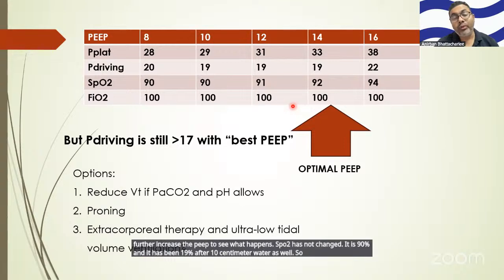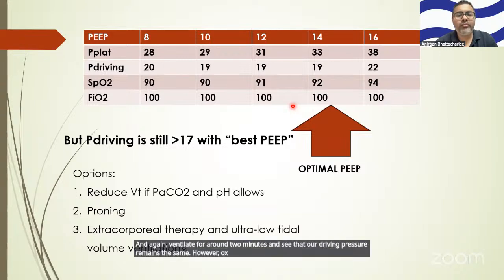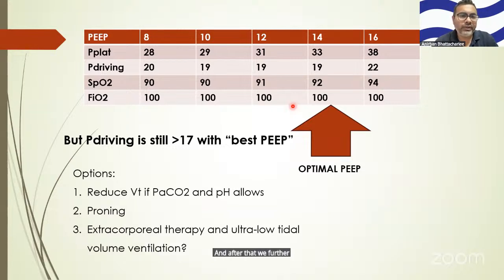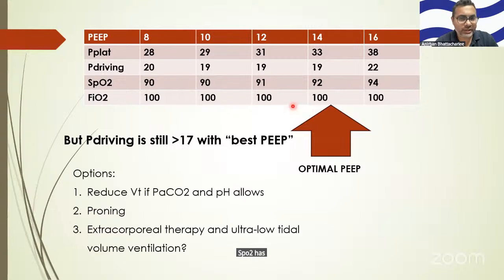So we go to a PEEP of 12 centimeter water, again ventilate for around 2 minutes, and see that our driving pressure remains the same. However, oxygenation somewhat improved, SpO2 up by 1%. After that, we further increase the PEEP to 14. We see driving pressure remains 19 and SpO2 has increased to 92%, well and good up till this point.